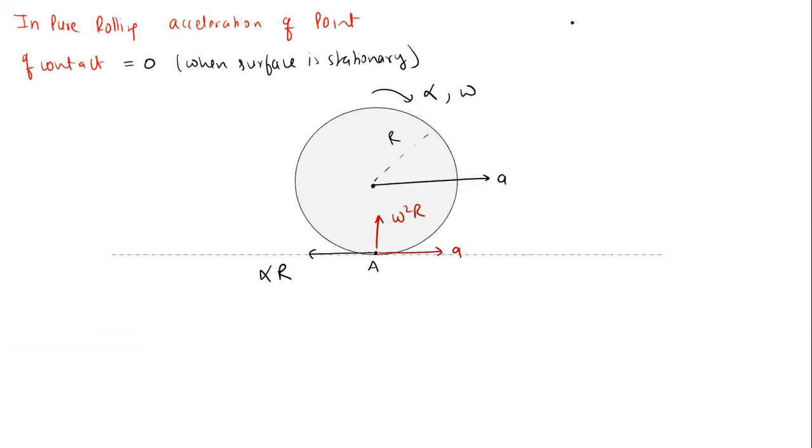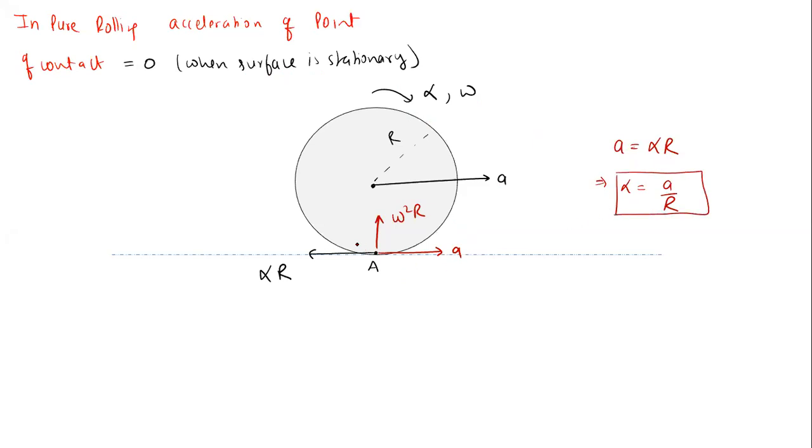So when you talk about pure rolling in this case, the acceleration of the point of contact should be zero, which means the tangential acceleration should be same as a. It means that a must be equal to alpha r. This is the case when the surface is stationary. Therefore alpha must be equal to a by r.